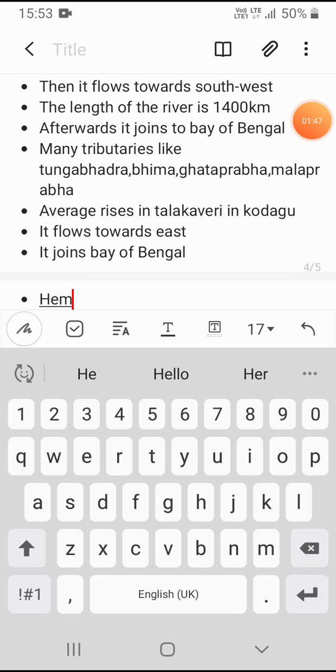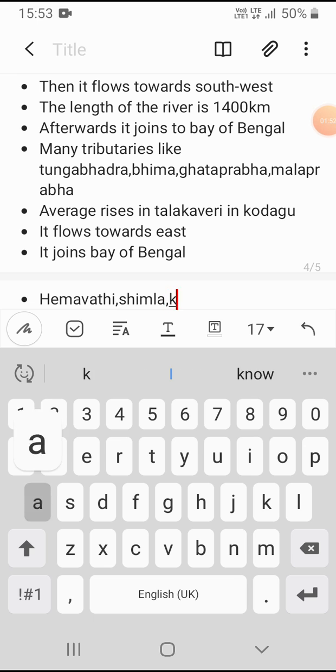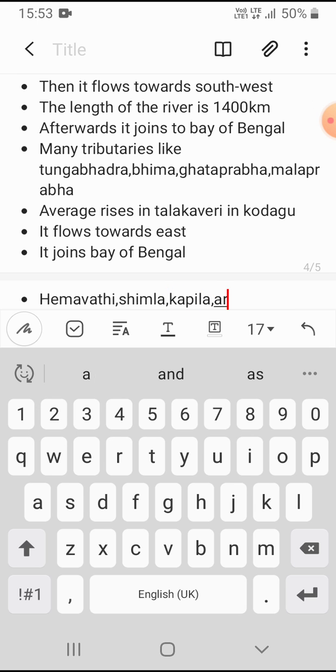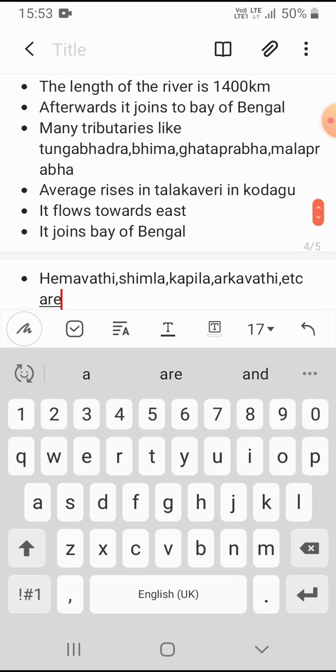Hemavati, Shimsha, Kapila, Arkavati, and others are the tributaries of Kaveri river.